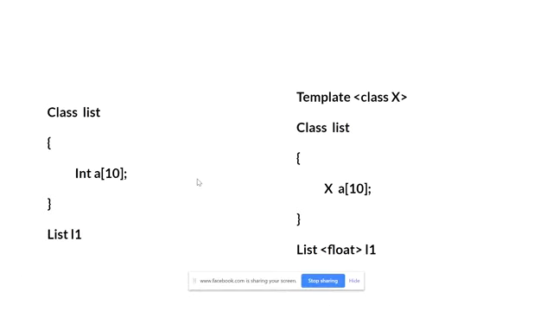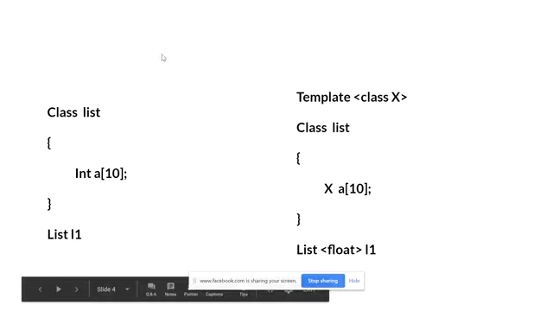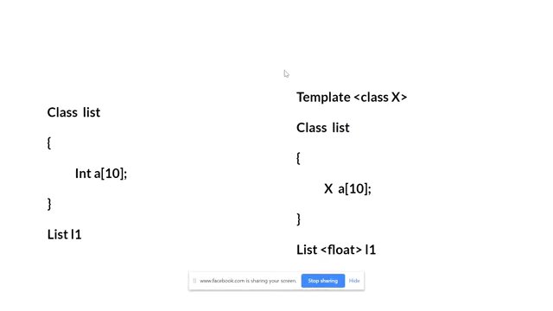So do I have to make different classes for all the data types, one for float values, another for string values? That is such a redundant way to approach a problem, right? So we are improving this solution, and we are going to something known as template classes.